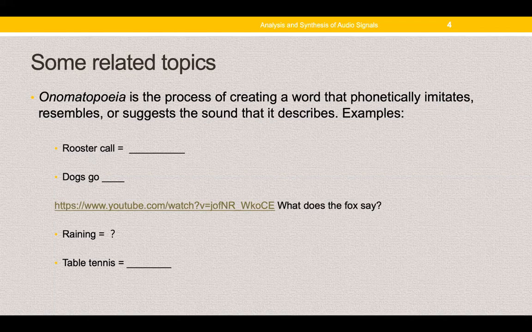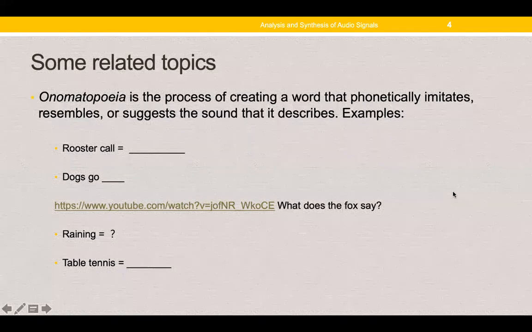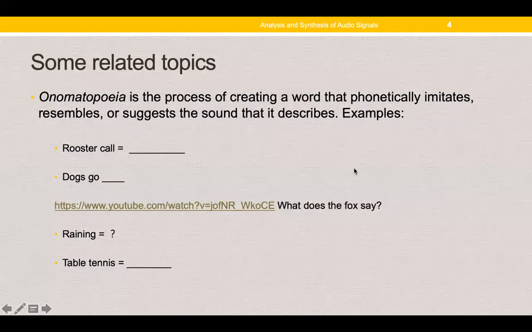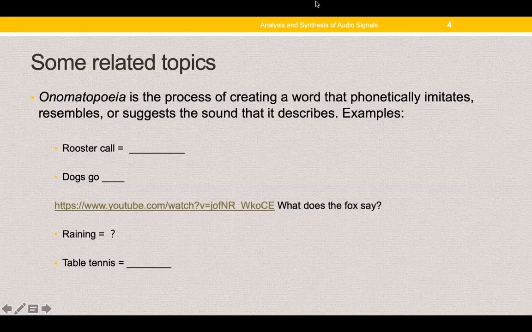So how about raining in English? Do we have a word? Pitter patter is one that I've heard, but I'm struggling to think of a specific word. Maybe Jonathan knows something better than that. Jonathan?